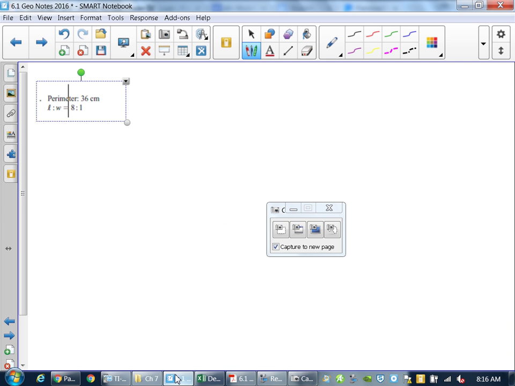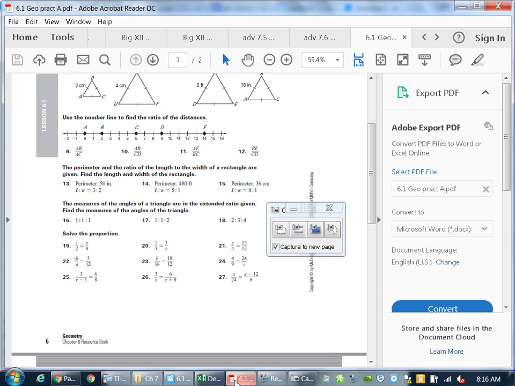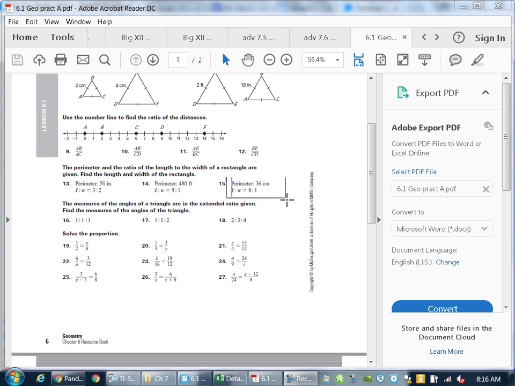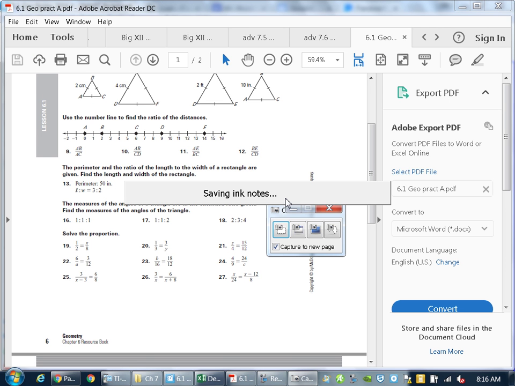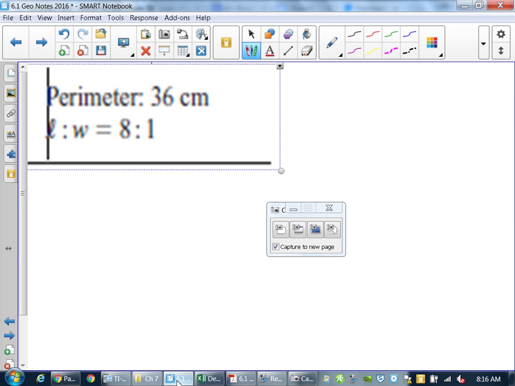So let's say we're given the perimeter of a rectangle, and we know the ratio of the sides, length to width, is 8 to 1.